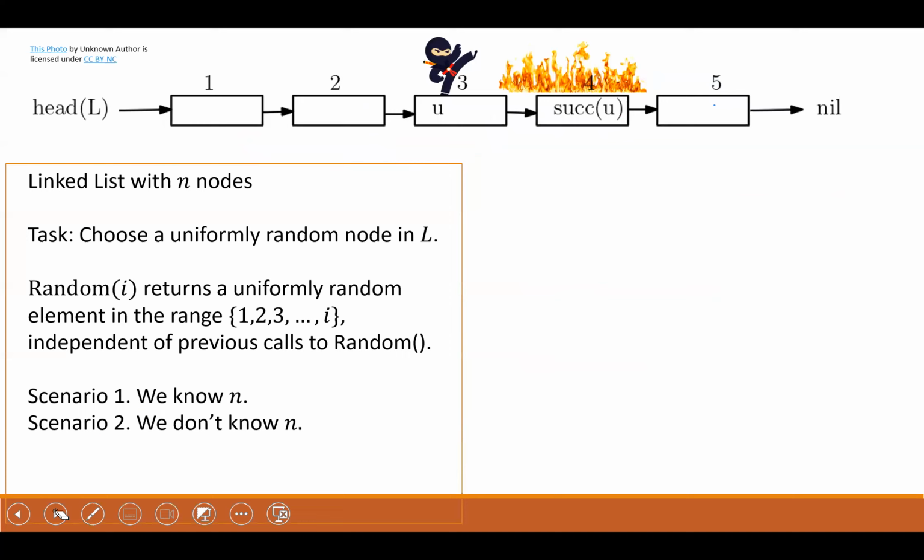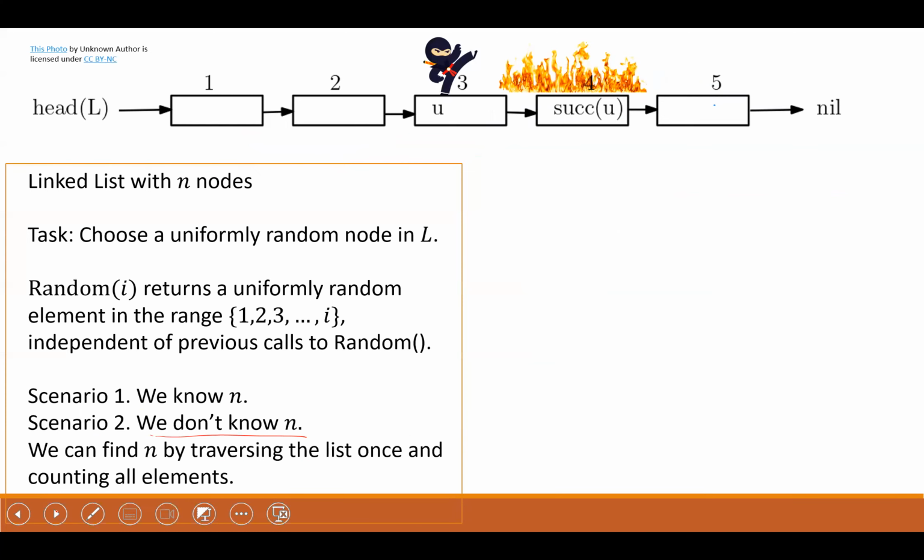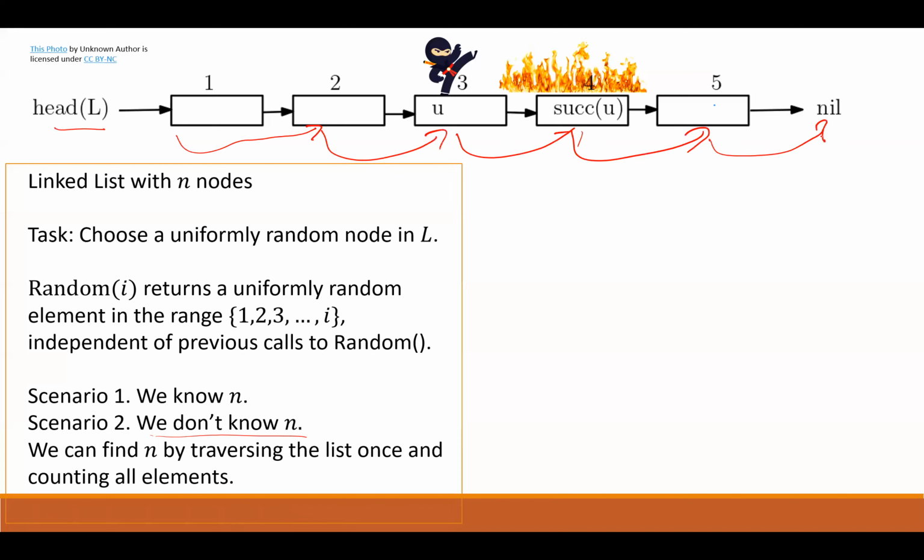All right, scenario 2 is that we don't know the length of the linked list, but we're allowed to traverse it more than once. So the solution is pretty simple. I start at the head, I walk all the way through until I get to the end. I count how many elements I've seen. Once I get to nil, I know I'm done.